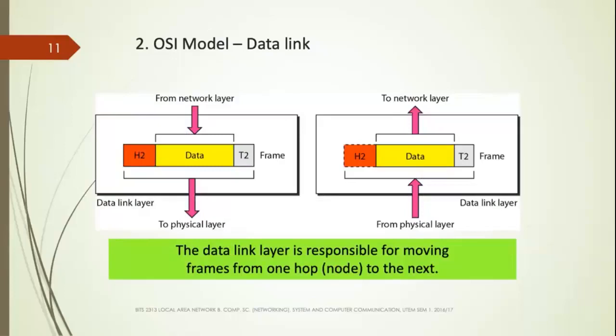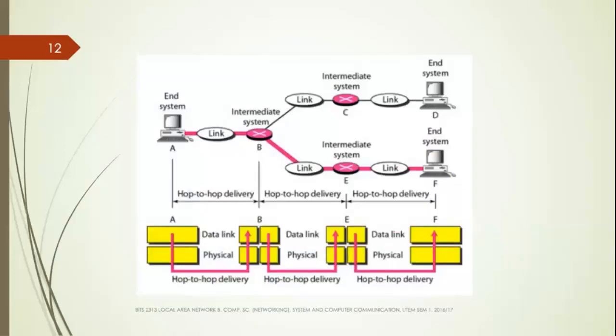So the data link layer is responsible for moving frames from one hop or node or device to the next. So that is the meaning of data link layer. It is only concerned with linking. So that's what we call data link. So we are linking the data from this system to another system.